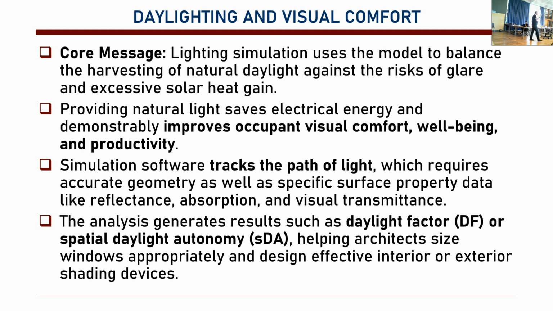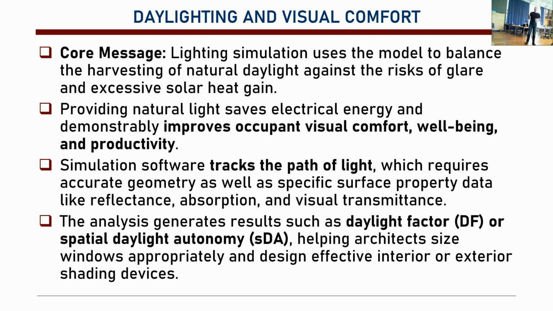You can simulate the lighting inside, and you can improve visual comfort, well-being, and productivity. You can figure out how natural daylight is flowing in the building, you can figure out the track, and based on that, you can figure out what changes you want to make.